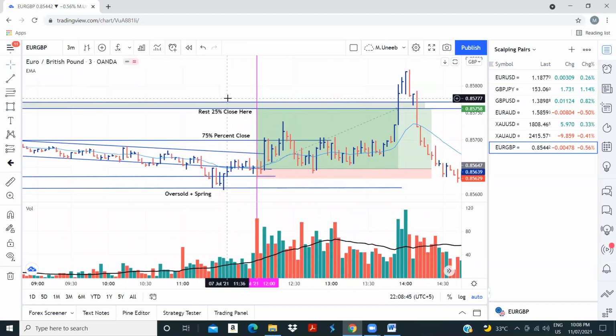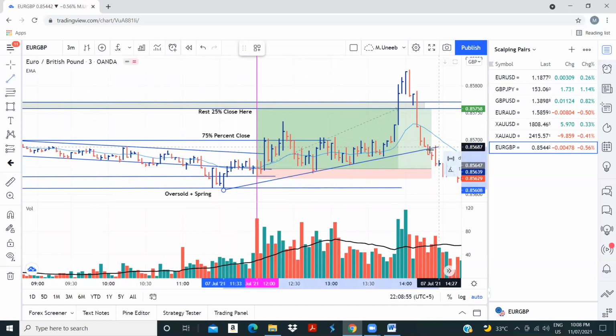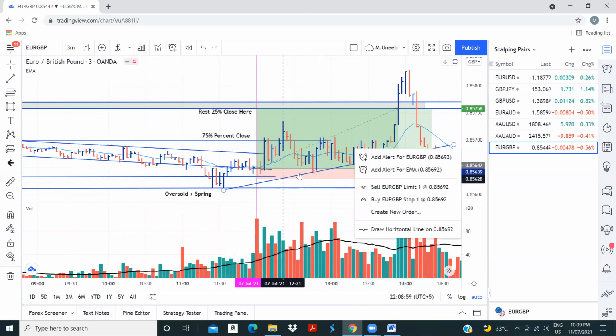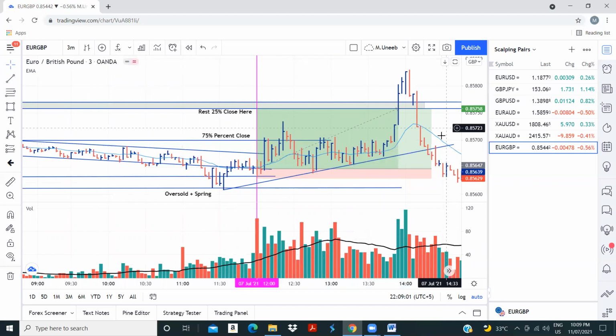Yes. And now, once you have identified this structure, you can get another opportunity by just marking. Once the London session is established, you can draw this. Now you have already seen the London. You can draw these two, join these 2 points.